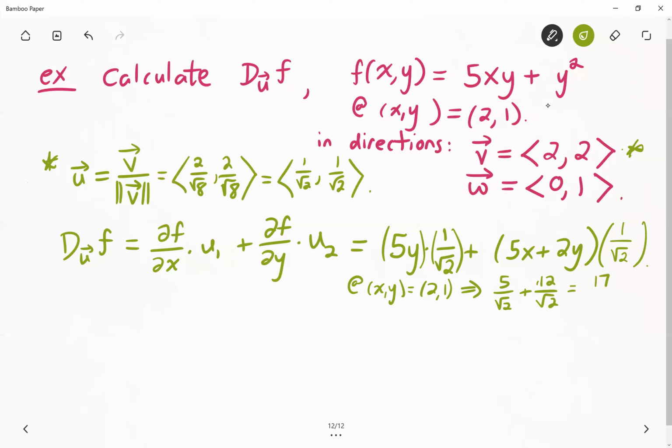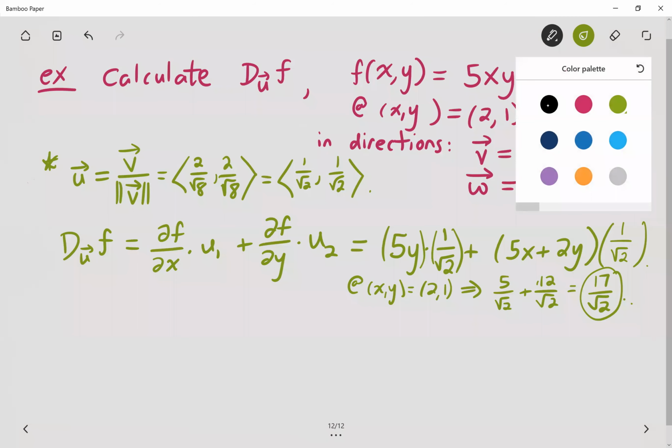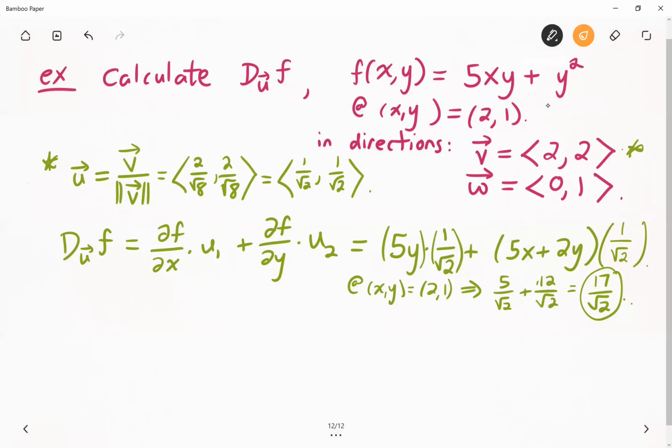So we're going to get 17 over radical 2. So that's the directional derivative in that direction. Of course, if you go in other directions, you're going to get other answers, because there's lots of different directions you could travel in.